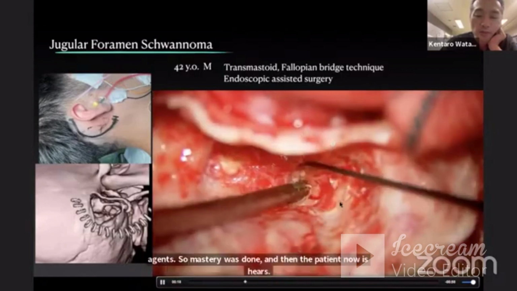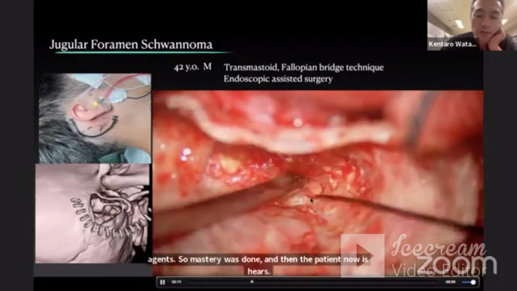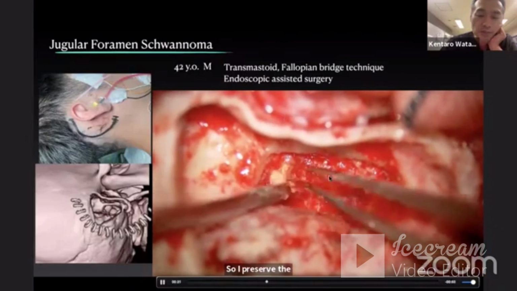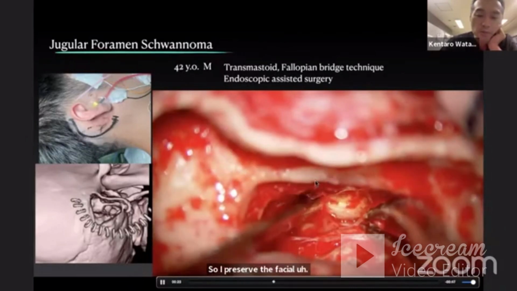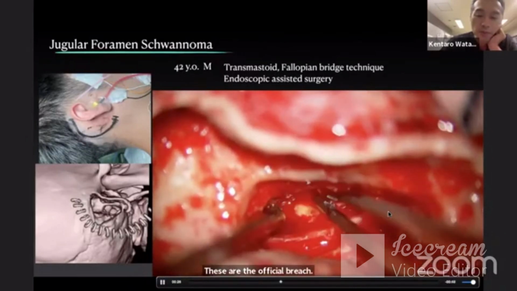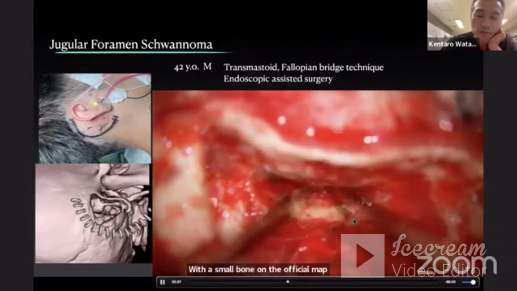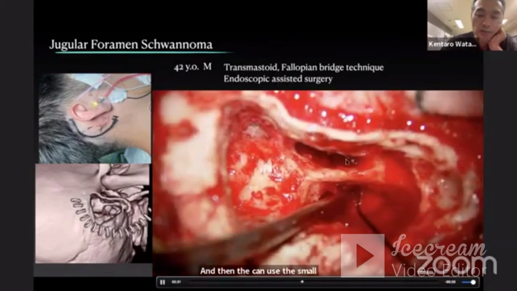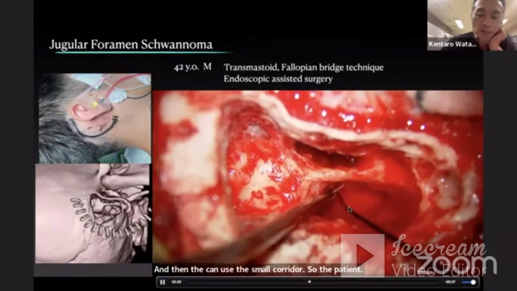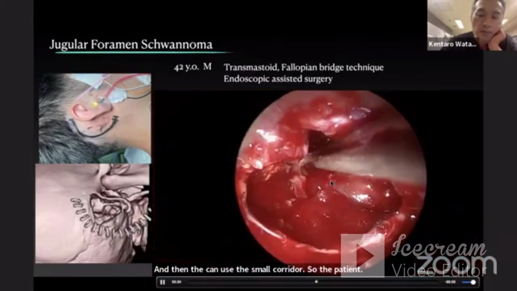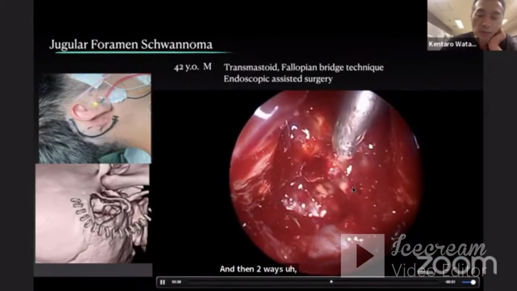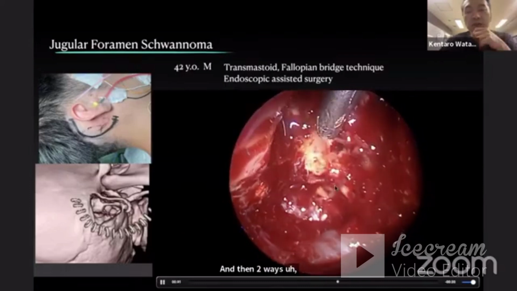I preserved the facial bridge, with a small bone on the facial nerve, and then you can use the small corridor. This is the facial recess corridor, and also the retrofacial corridor. And the tumor is just behind, just medial to the facial nerve.